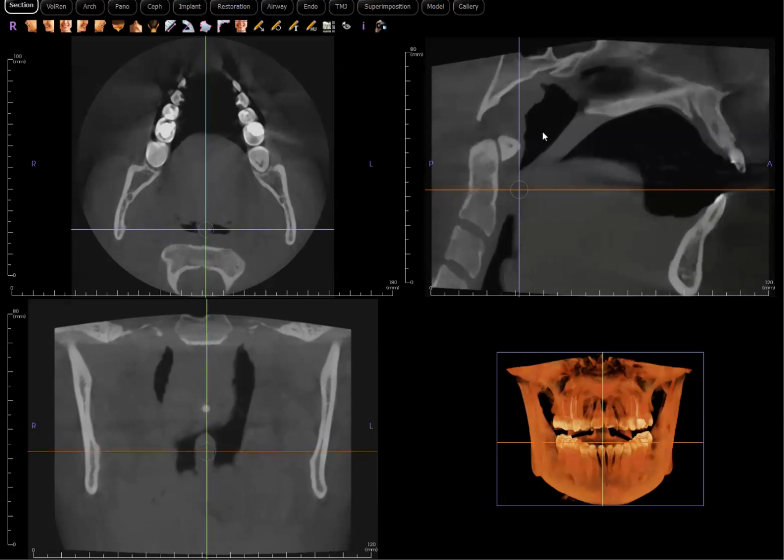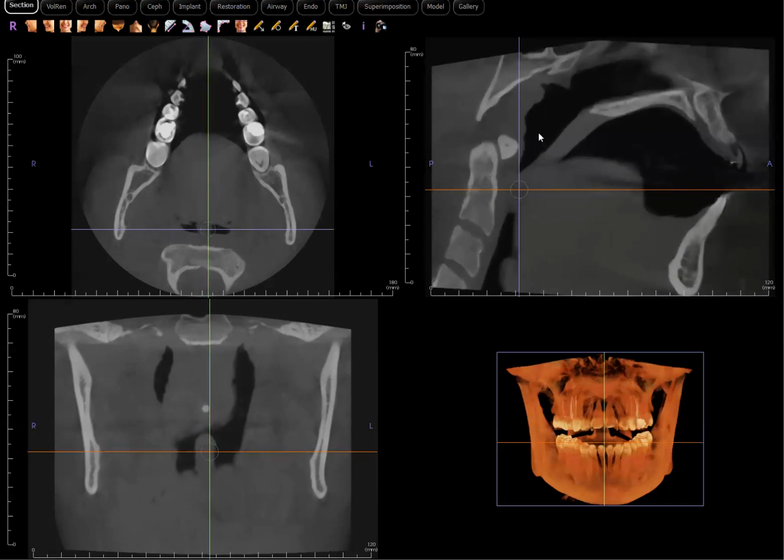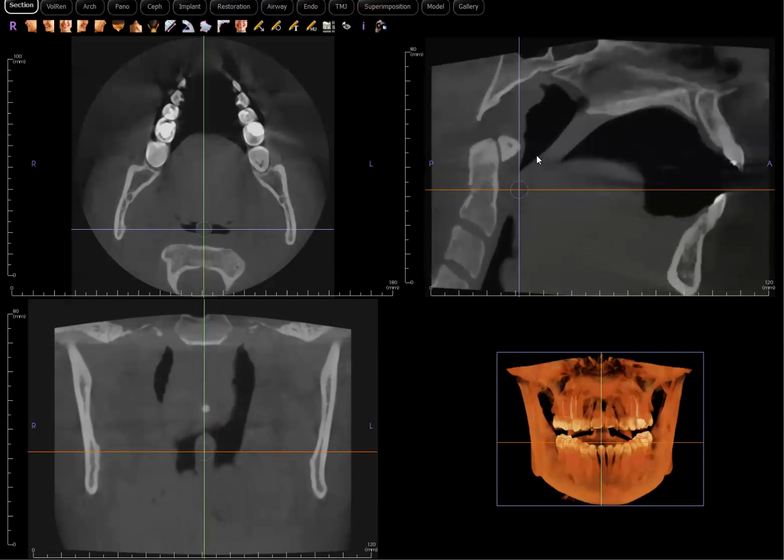So what could we do, or what should we do when we see something like this? You could certainly correlate with any clinical symptoms of obstructive sleep apnea. You can ask whether the patient is aware of snoring. If so, is it mild or heavy?